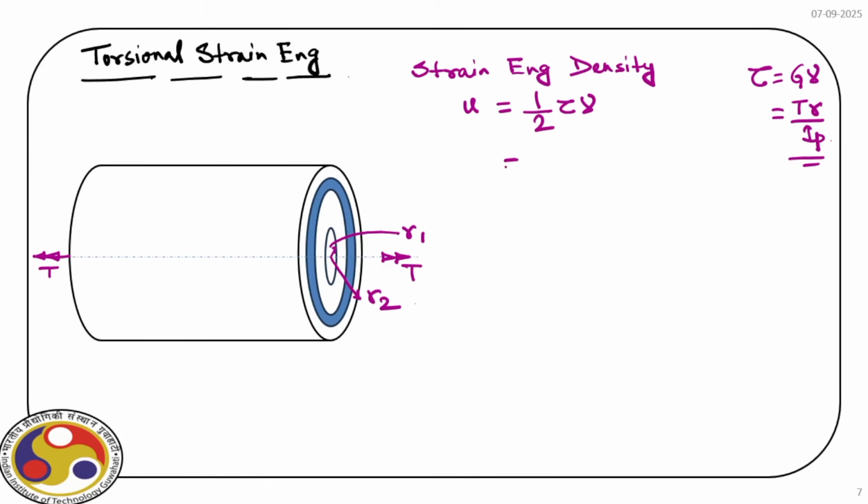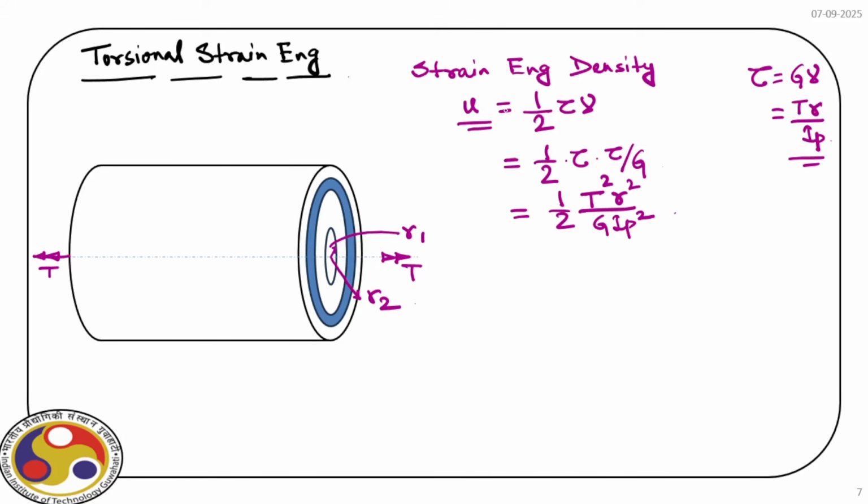So what we have here is half tau, and in place of gamma we can write tau by G. So we have tau squared. So we have half T squared R squared divided by G times Ip squared. And then we have the strain energy density.